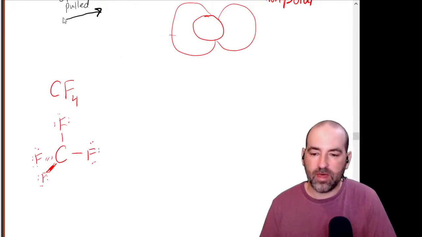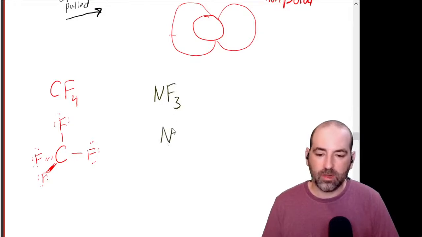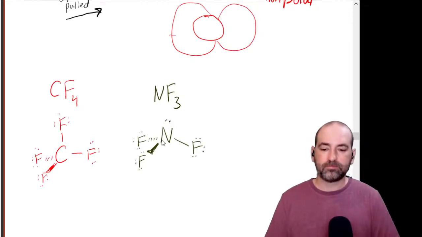Now let's compare that to NF3, which is similar but has a trigonal pyramidal structure, like this.